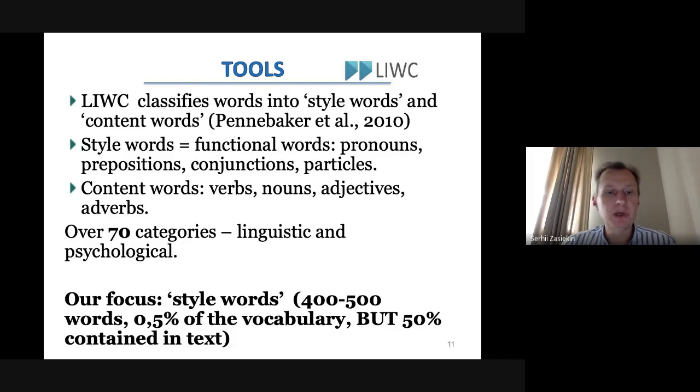Since our focus was style words, I will explain why they were our focus in this research. Traditionally, style words are a part of the passive vocabulary of native speakers. For example, in Ukrainian or in English, the number of words that pertain to this passive vocabulary is nearly 400 to 500 words.